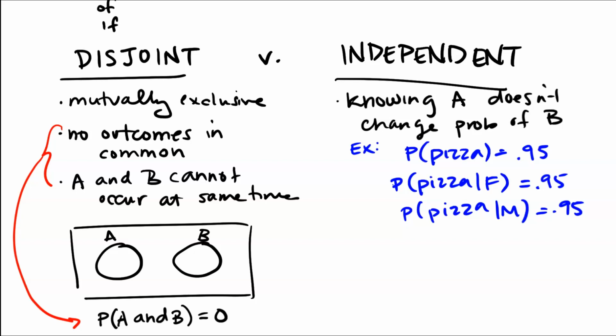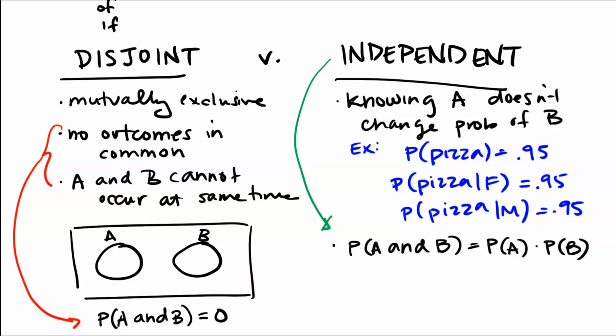If you wanted another rule here, we have this idea that we haven't seen yet, but we're going to get. So I'll just go ahead and tell you guys. If they're independent, we have this AND formula where we can just multiply the two probabilities together. So I like to ask questions about whether or not things are independent or disjoint. And I also like to ask questions about what probabilities are if things are independent or disjoint.